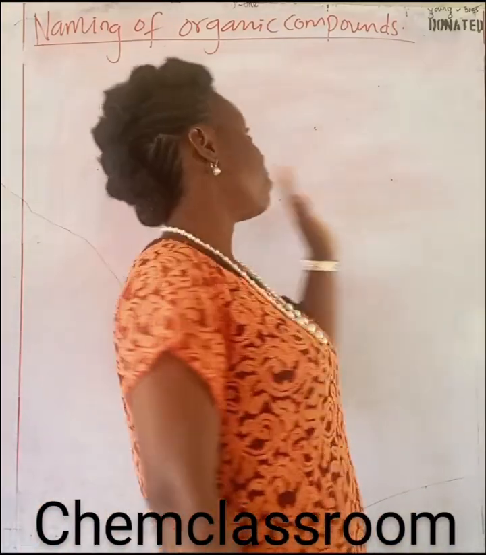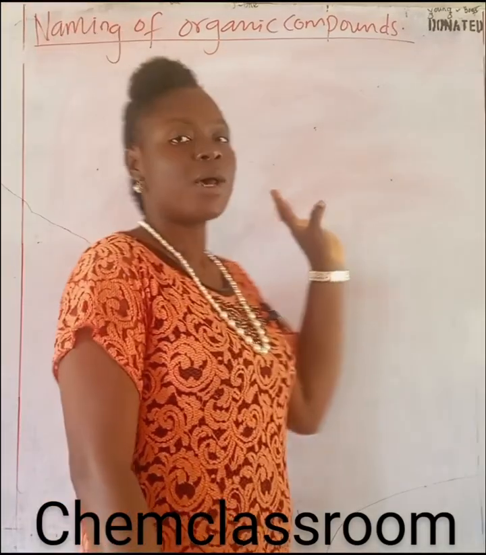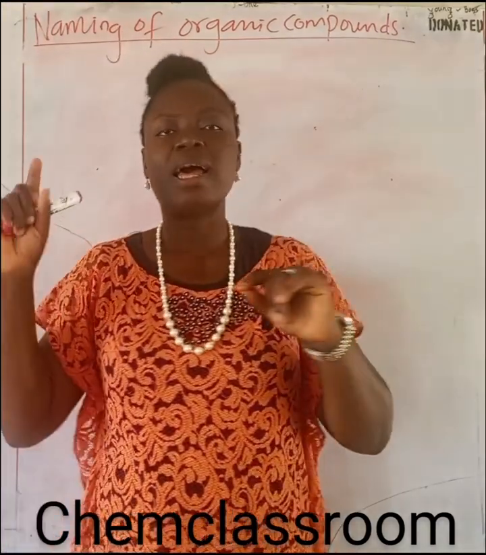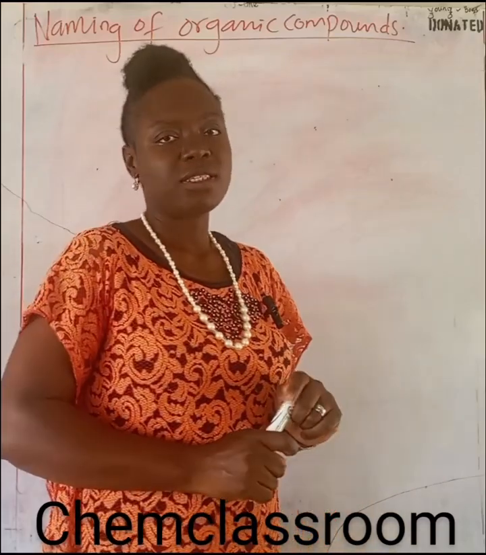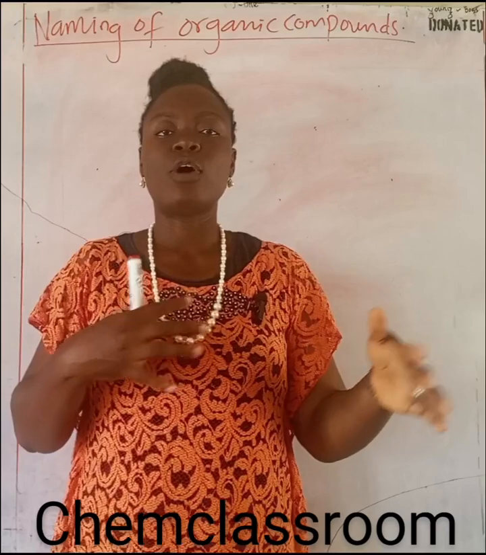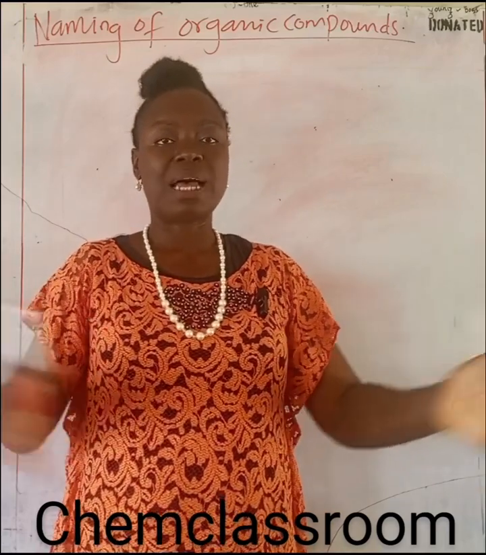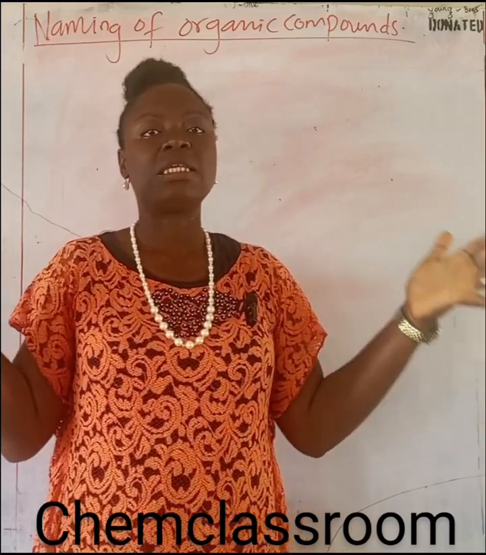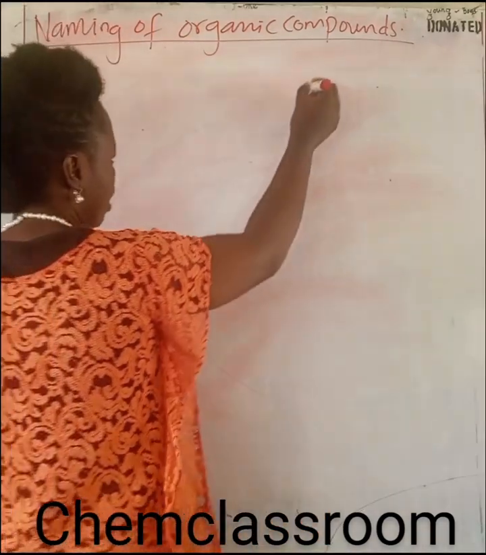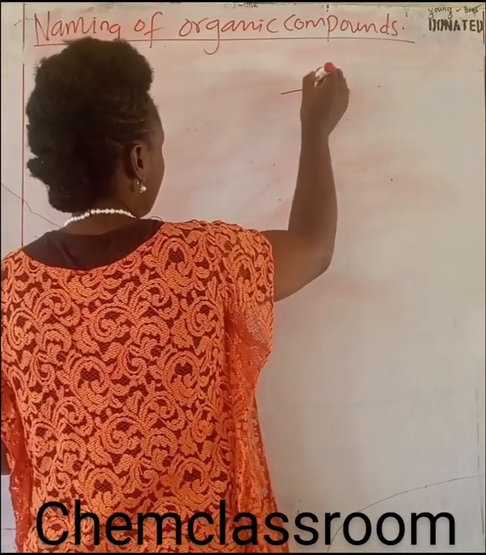So today we'll be talking about naming of organic compounds. Organic compounds are basically compounds of what? Carbon and hydrogen. Yes, and carbon is very unique in its own way. It's able to form long chains of carbon to carbon bonds that we call catenation. Then 4 bonds surround each of the carbon atoms.